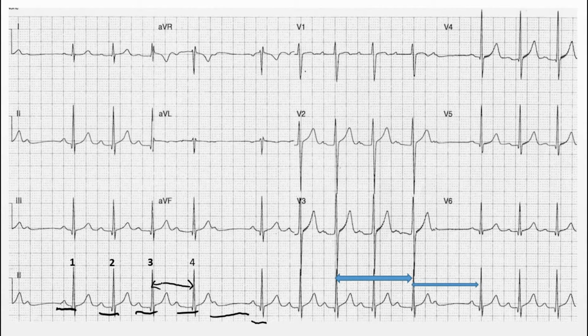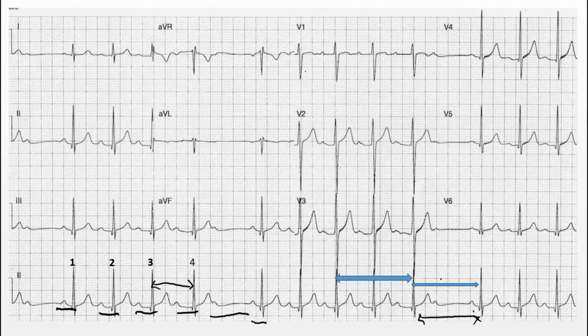This decrease is small, not so long, but as the PR interval prolongs, the RR interval between the beats will decrease. Then in Mobitz type 1, there will be the segment which includes the missed beat.